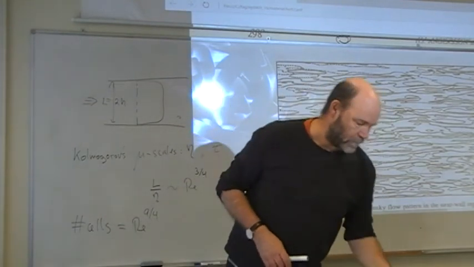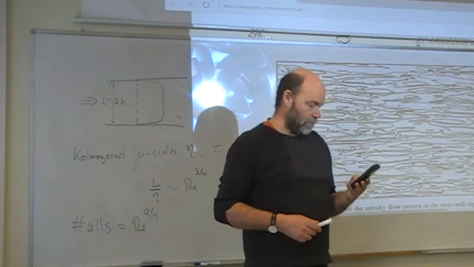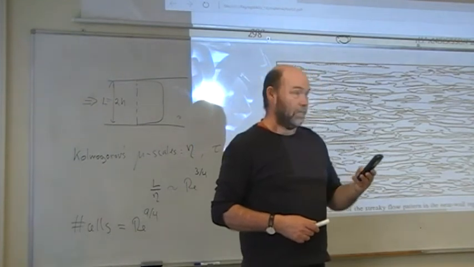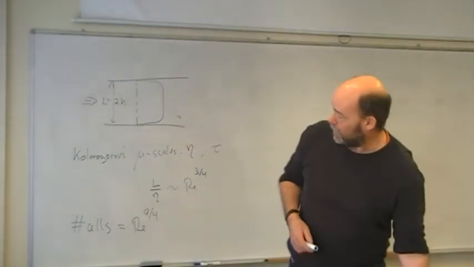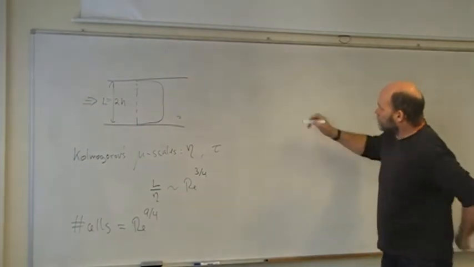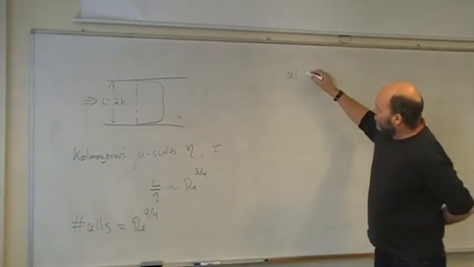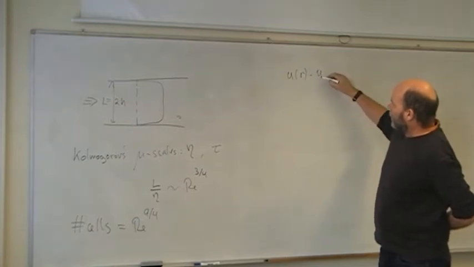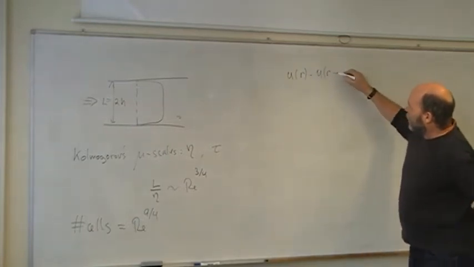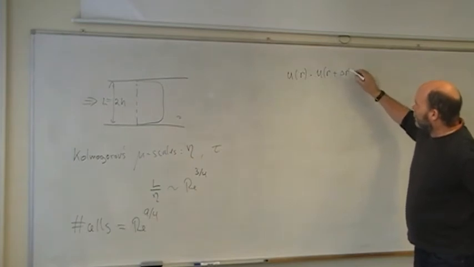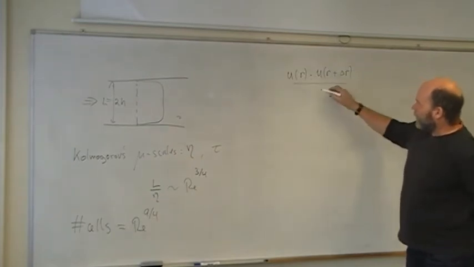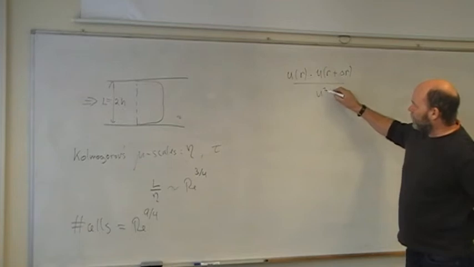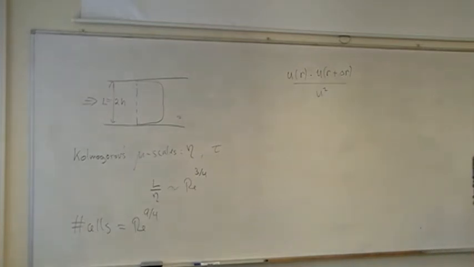So this correlation function, it will then be a velocity at a position r multiplied with a velocity at a different position. And then you scale this one typically with the fluctuating velocity squared.